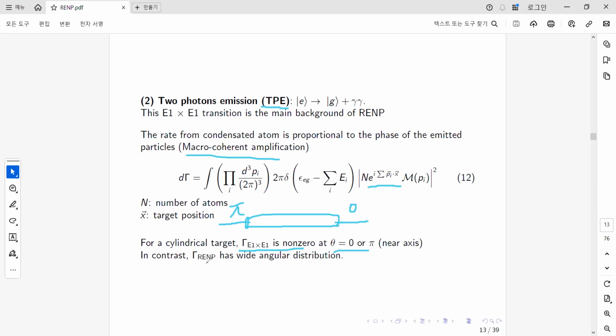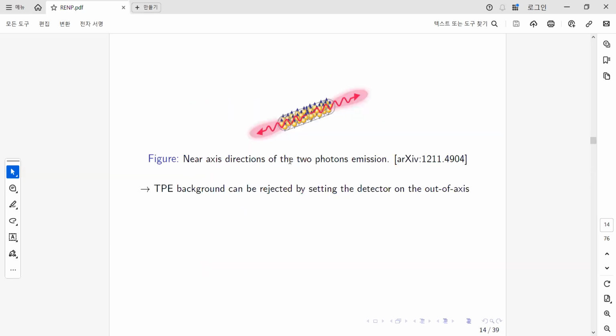But in the case of our goal, our RENP signal has a wide angular distribution. So the RENP signals come from the other wide angles here. So we can measure the RENP. This is the near-axis direction from the two-photon emission.